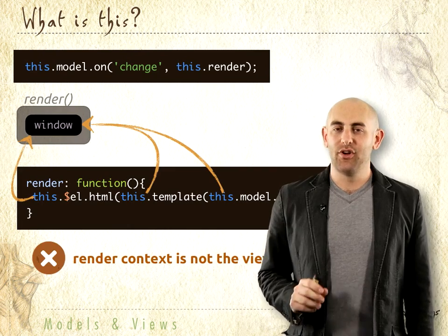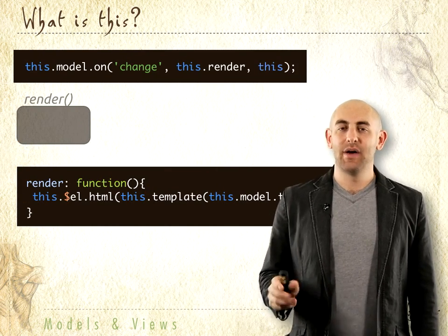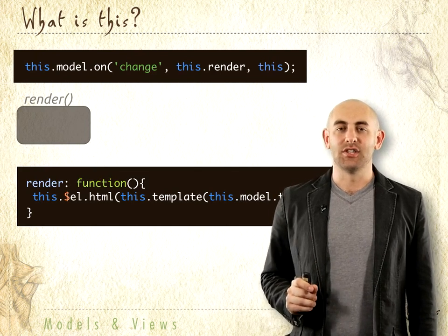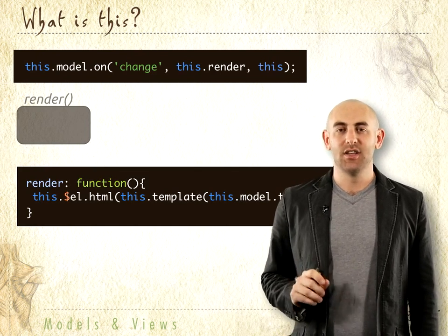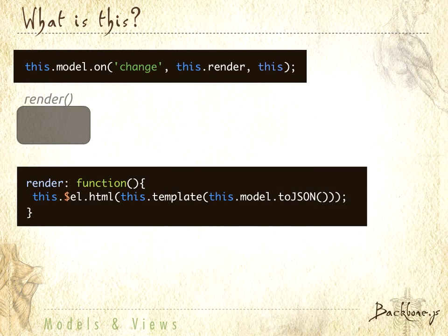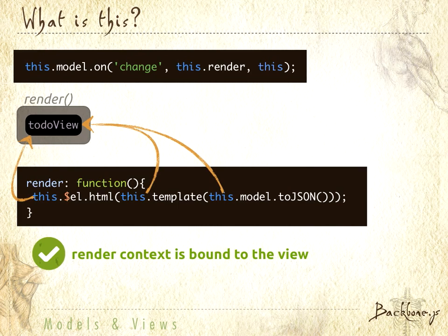When we add that third argument back in, it's telling Backbone that when it triggers the change event and calls the render function, it should set the context of the render function to the to-do view instance. So when render is called, the this will be set to the to-do view instance and thus will work.